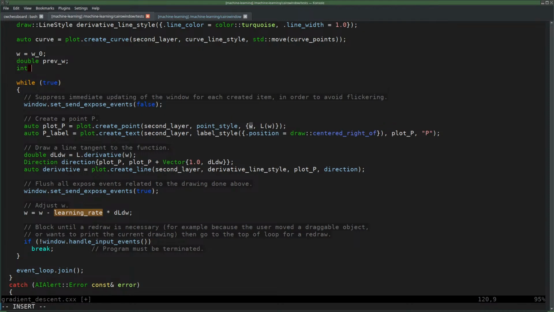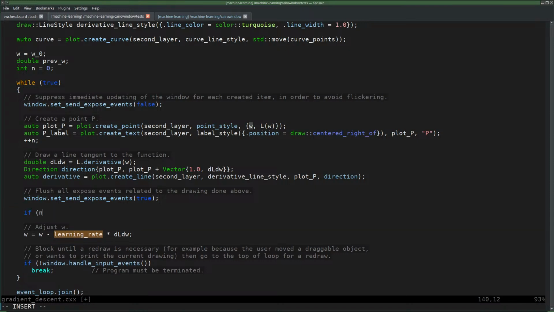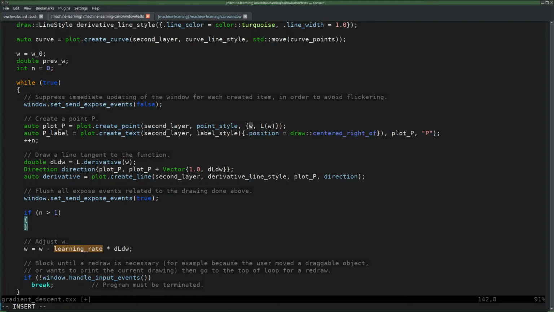Let's make a counter n, 0 points. At this point we did draw 1 point, so now we have 1 point. And then if n is larger than 1, we do our trick.